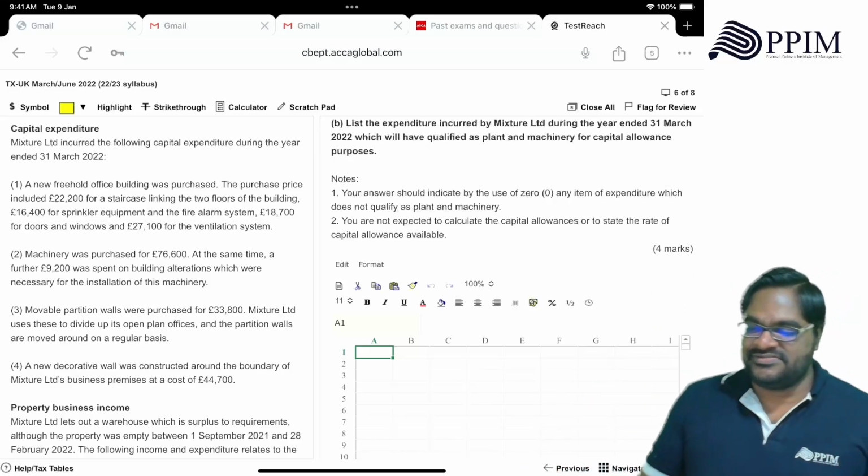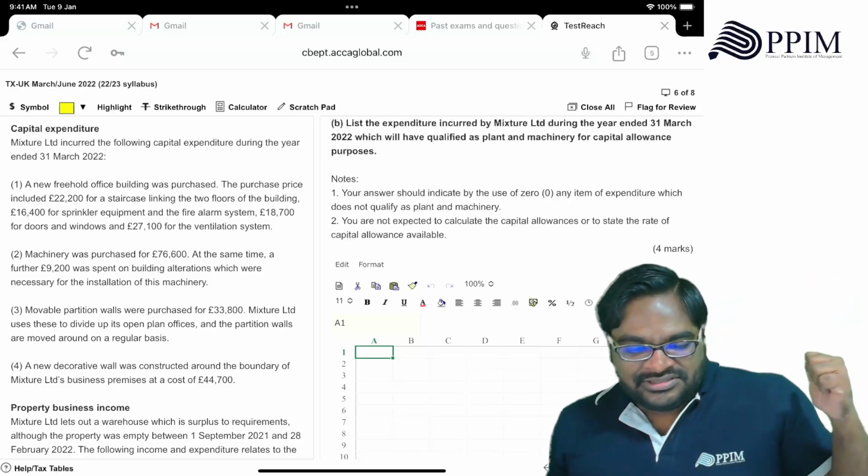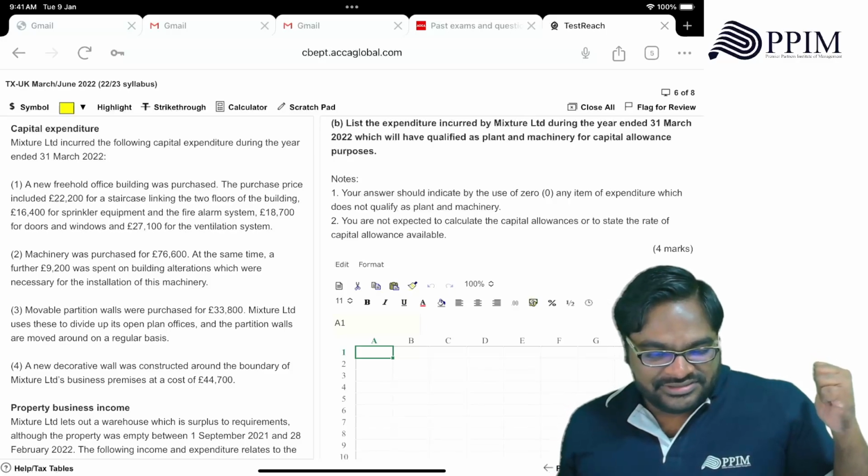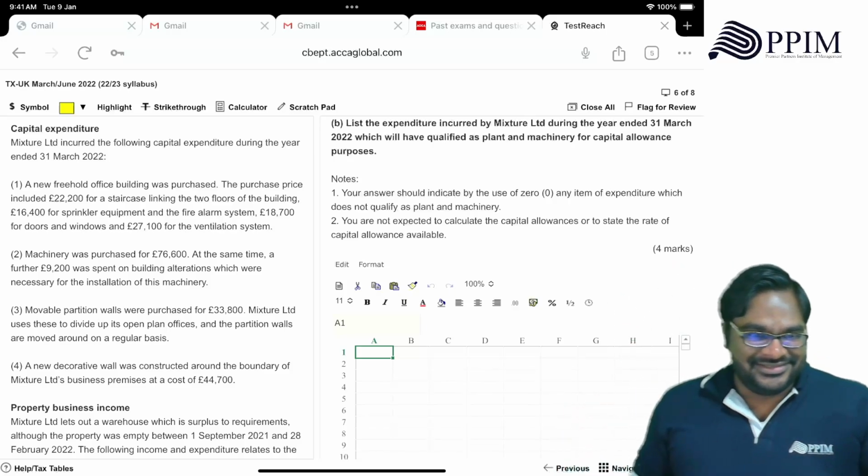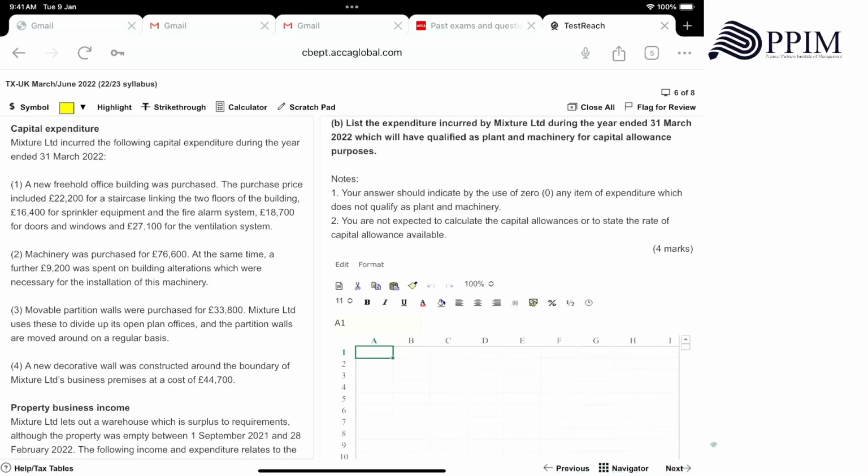So staircase, what will happen? But I prefer each asset you give separately.